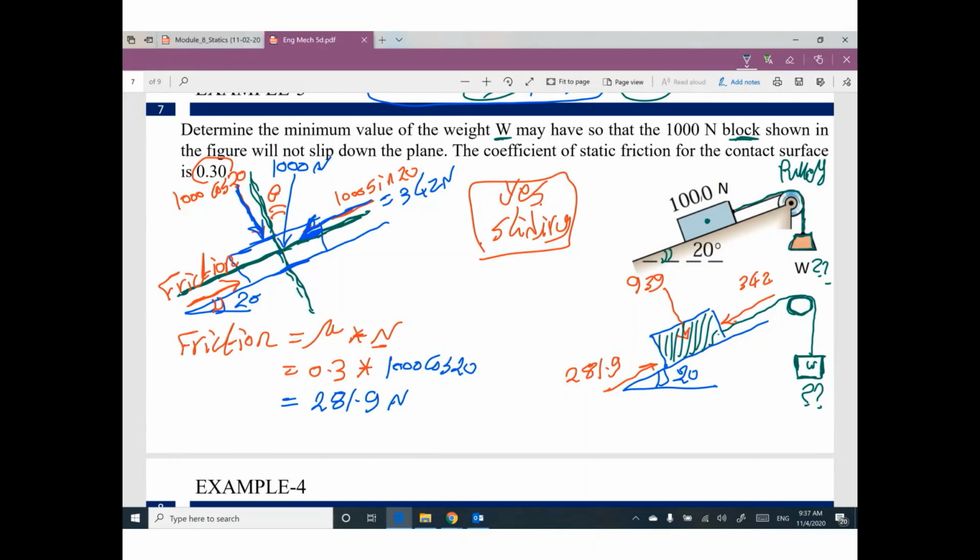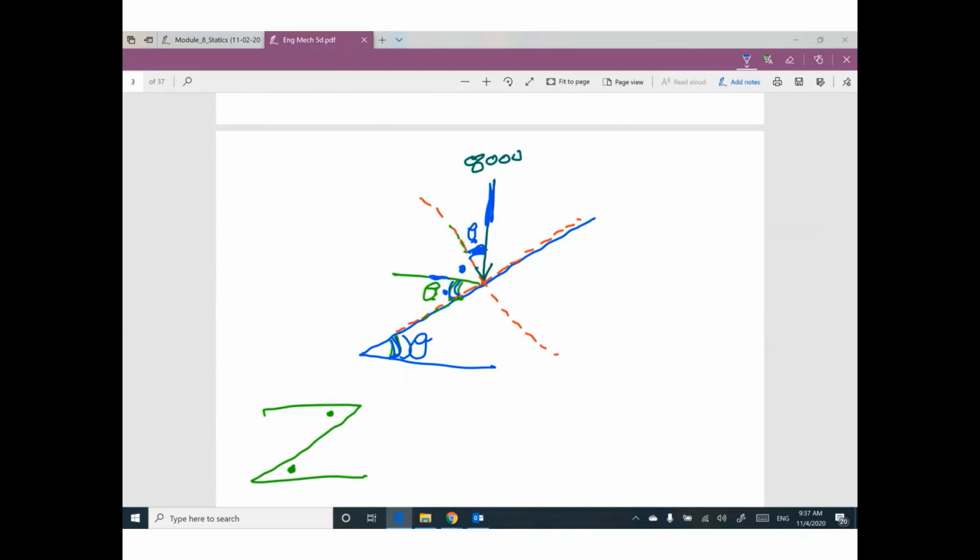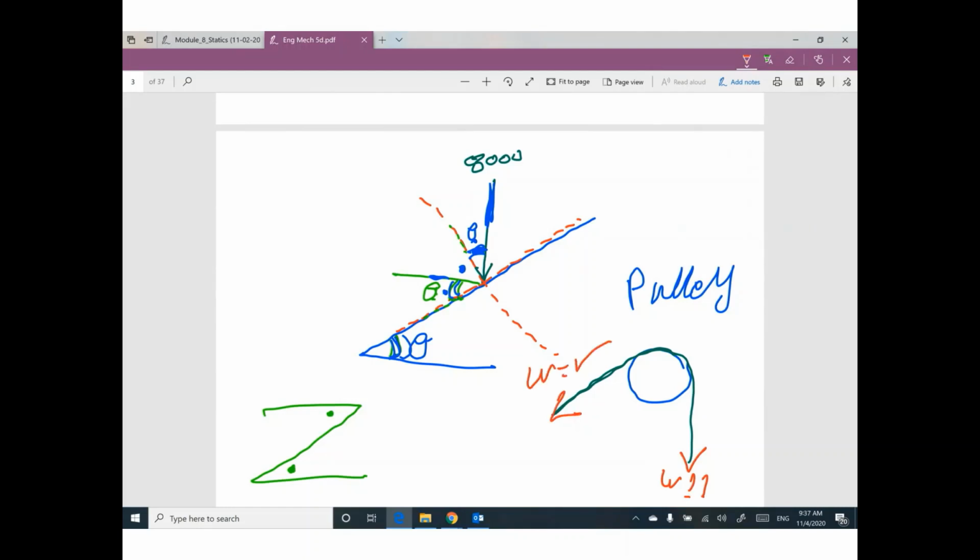Guys, just to remind you, do you remember if we have a pulley? You have a pulley and you have a cable around this pulley. What is the meaning of that? It means if you have a weight here, W, this weight will be the same value here, W. If you have a force here, it will be the same value, force.